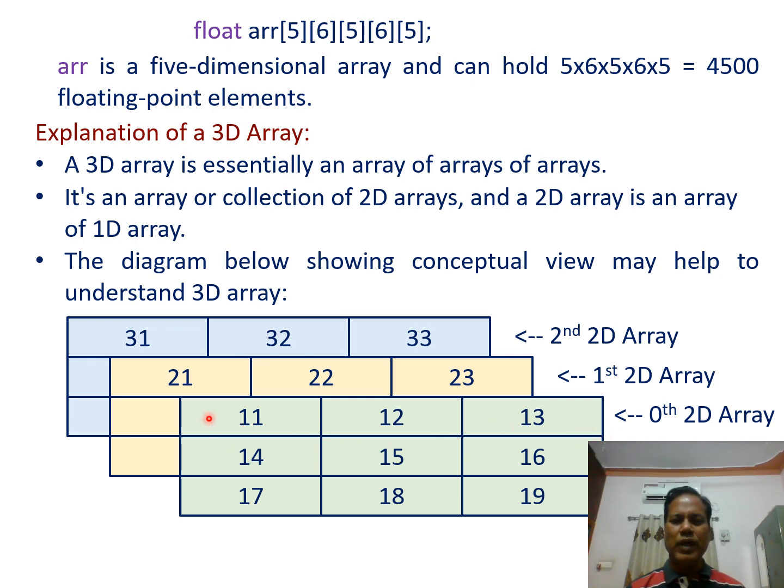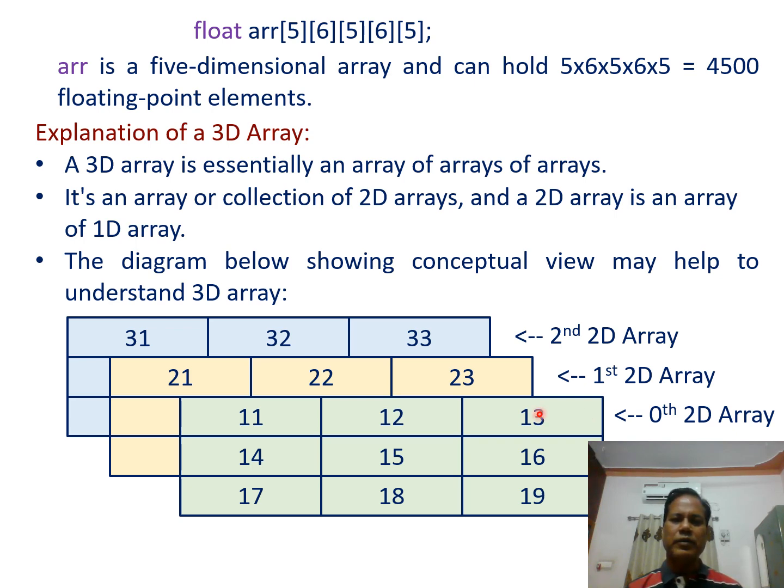That's why a two-dimensional array is defined as an array of one-dimensional arrays. Here we have three one-dimensional arrays: first row, second row, and third row. So a two-dimensional array is defined as an array of arrays.